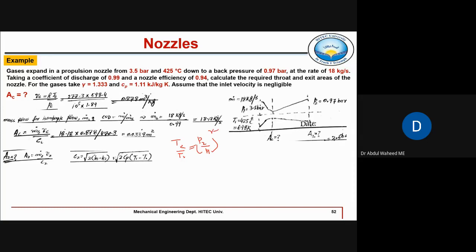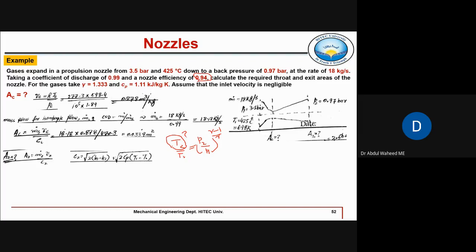This equation was for an isentropic process, and so far we were using it to find T2. But the flow through this nozzle is not isentropic, because efficiency is given. So then how do we calculate this T2?